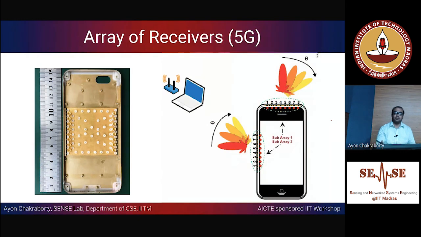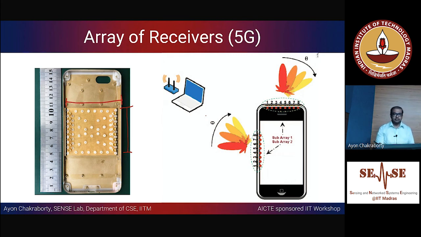So instead of doing an omnidirectional transmission, I have to accurately know at what angle your phone resides, right? Based on that, I can locate it using such a technology, because this is like an antenna array, right? This is an antenna array that you have inside this 5G phone, and this could be used to tell at what angle with respect to the base station my device is located, and the beamforming could be made very accurate.